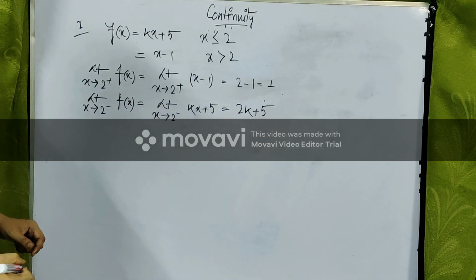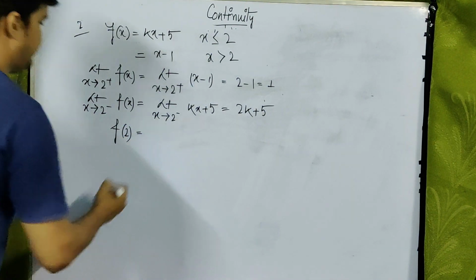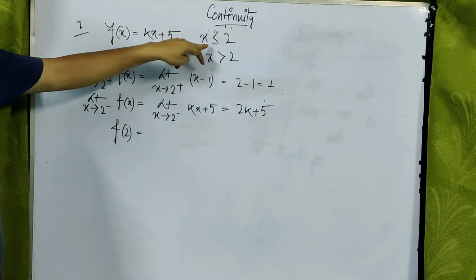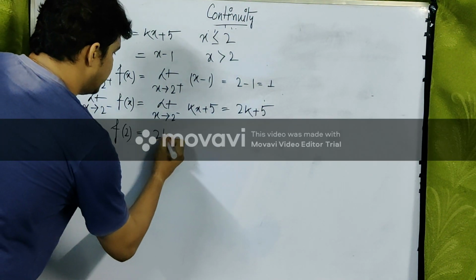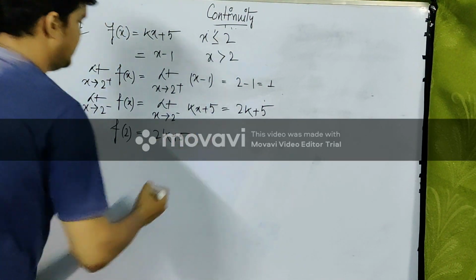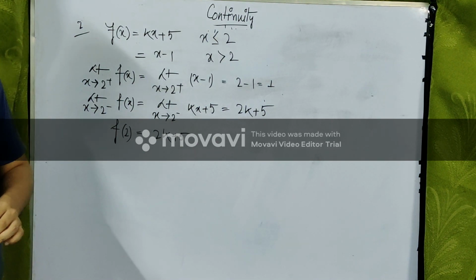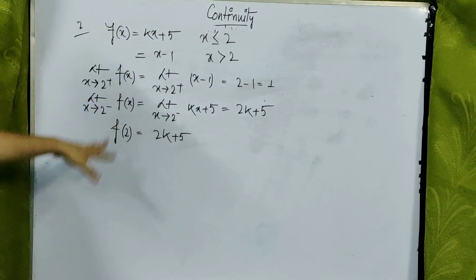Now again, what is the value of f(2)? When x equals 2, the function is defined in this way, so f(2) will be equal to 2k plus 5. Now from here, this function is said to be continuous for what value of k? By equating these, for continuity these three should be equal.